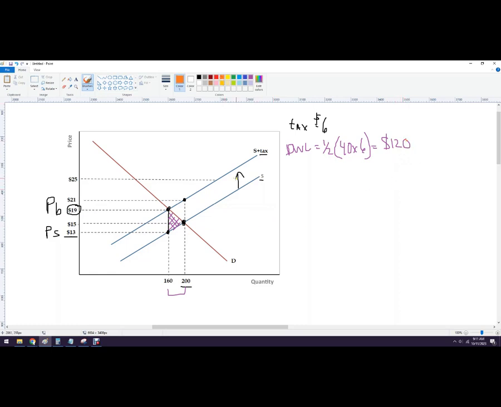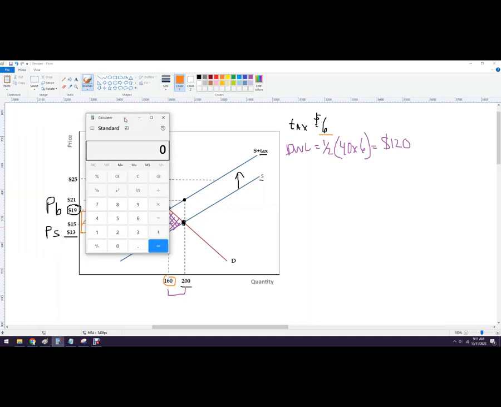Then the tax revenue. We know they're taxing 6 per unit. We're going to multiply that by the number of units, which is right here, 160. It's also the area of this orange rectangle right here. So it'd just be 6 times 160.